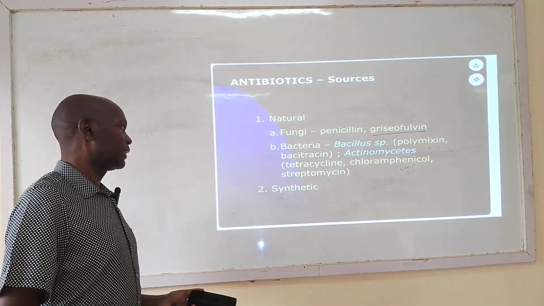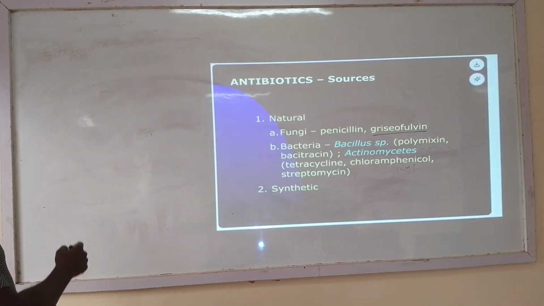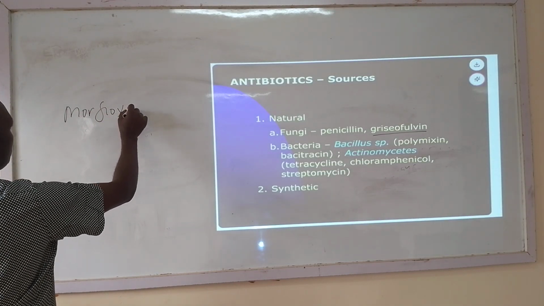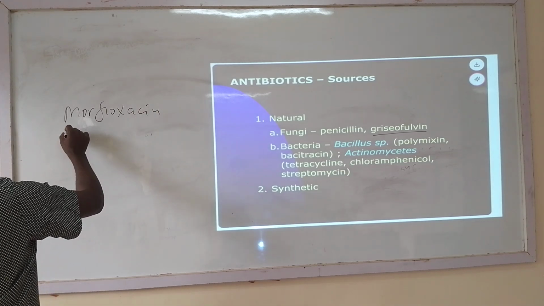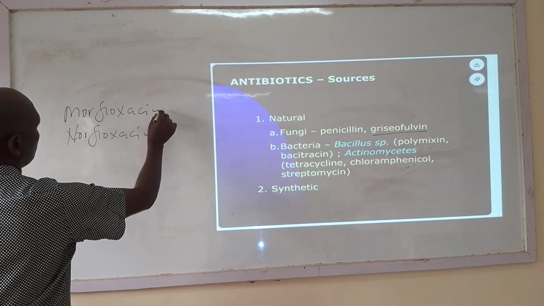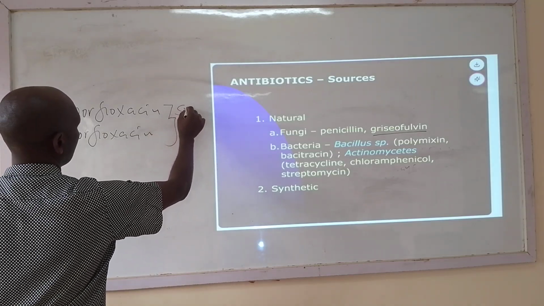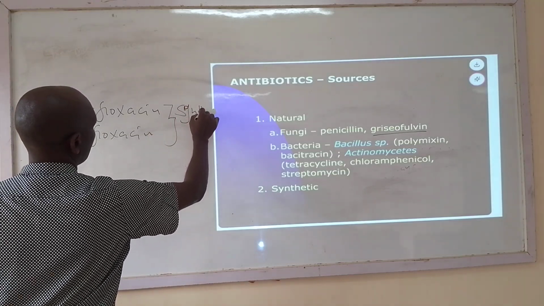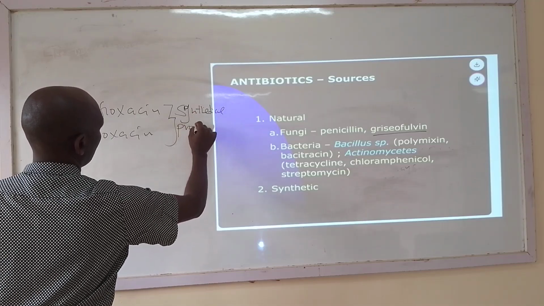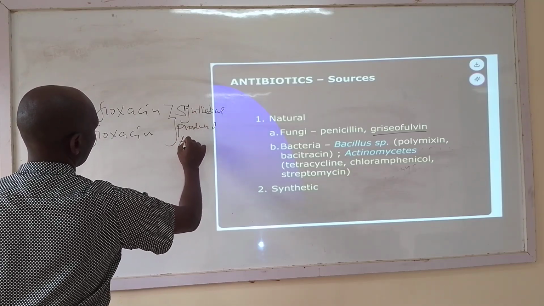When they are obtained synthetically, examples are moxifloxacin as well as norfloxacin. So these two are examples of synthetically produced antibiotics.